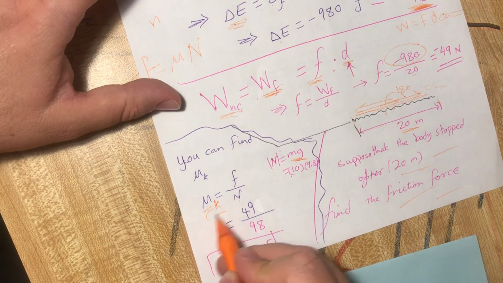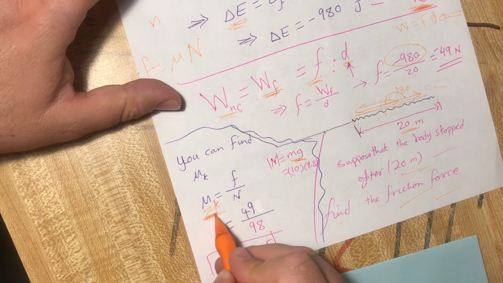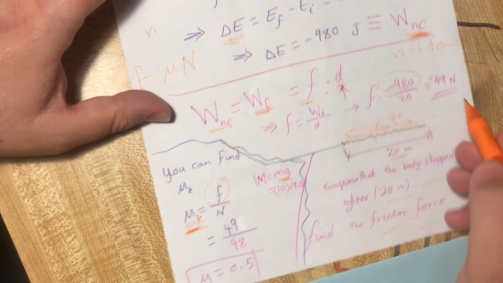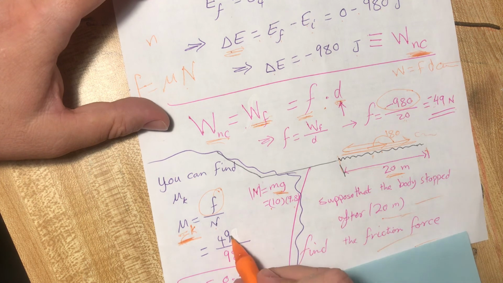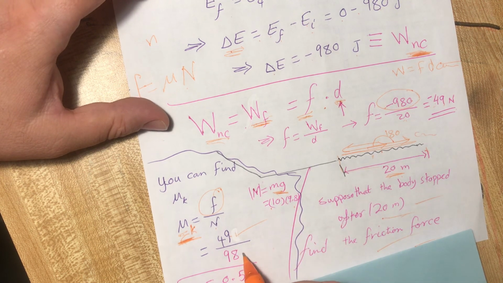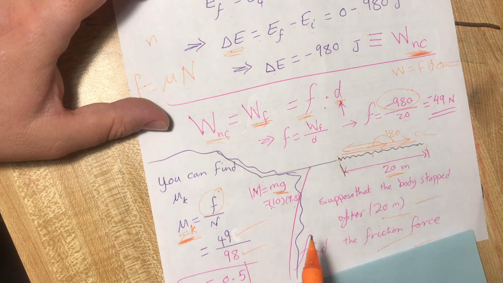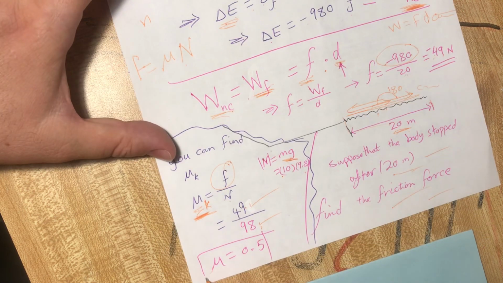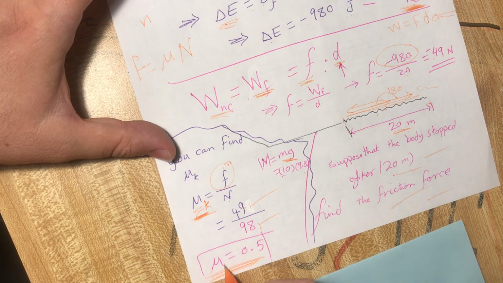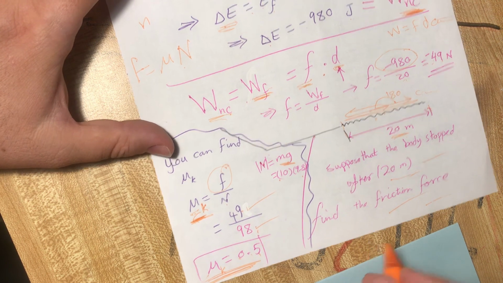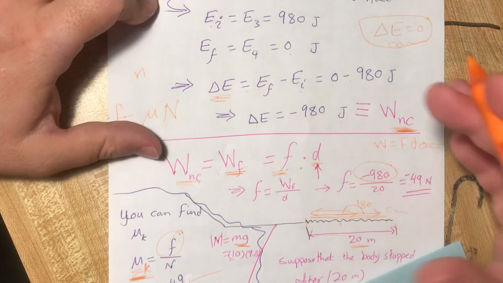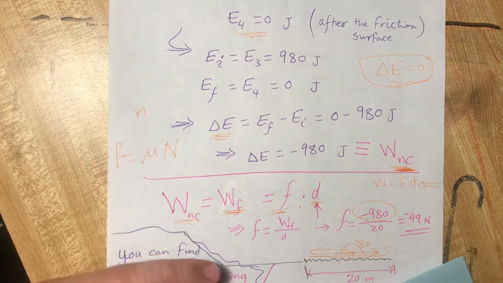So our mu is equal to the friction force, which is in magnitude 49, divided by 98, which is the normal force, and the kinetic friction coefficient is 0.5, unitless. Okay, it is easy to compute if we divide our problem.